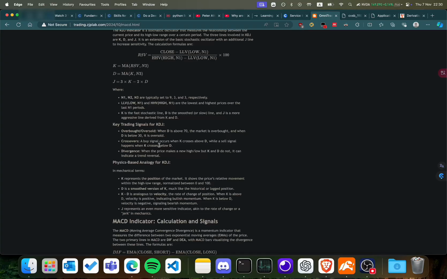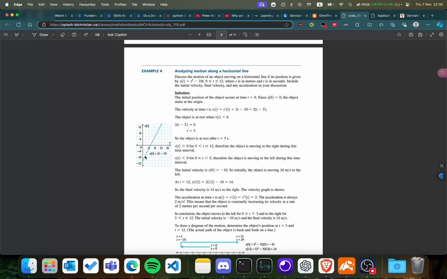When K crosses D, you can think of J being greater than zero, and J greater than zero means you have a positive acceleration. And if you notice here, a positive acceleration means that even if your velocity, your price movement, may be negative and you're still declining, in the future it will go up and make up for it.